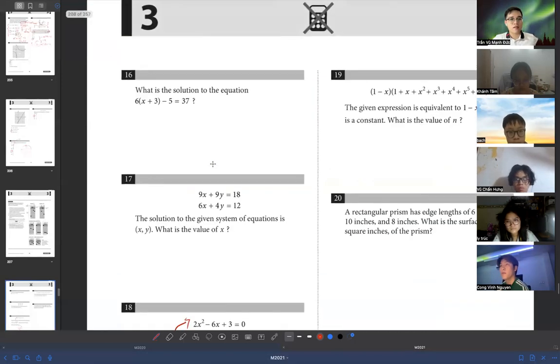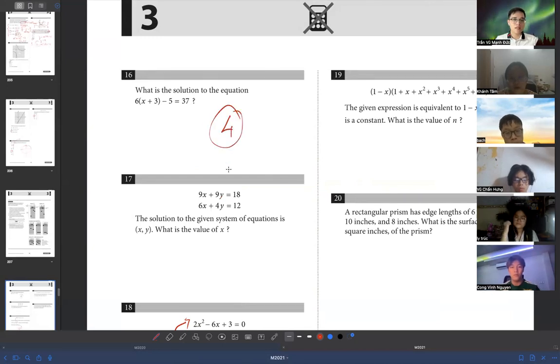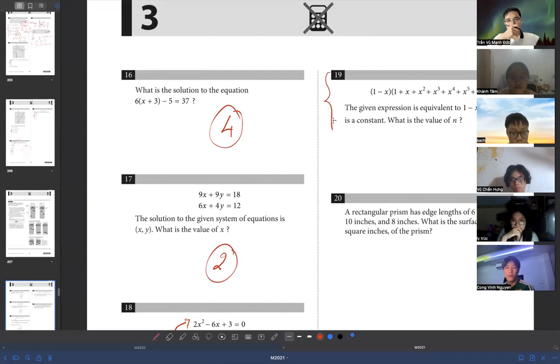Next up is back to 16. 4. 16 is 4. Right. 17. 2. 17 is 2. Right. Can you do 19? 7. Yep. Very good.